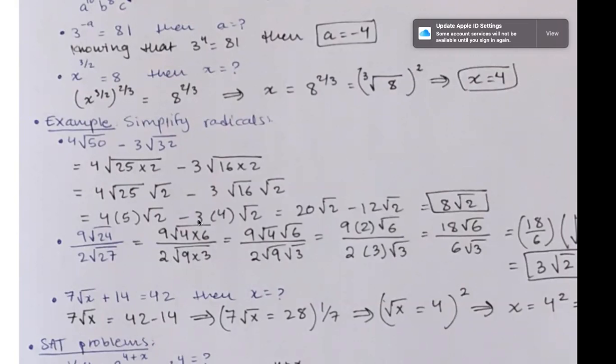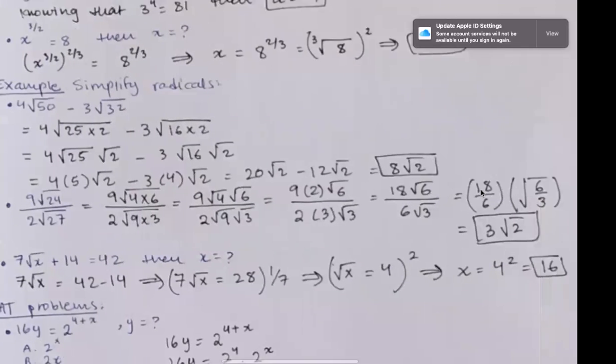And then we have that the radical of 16 is 4. And so multiplying 4 times 5, we get 20 radical 2 minus 12 radical 2. This means that doing the algebra, 20 minus 12, you get 8 radical 2. Is this clear? Yes.